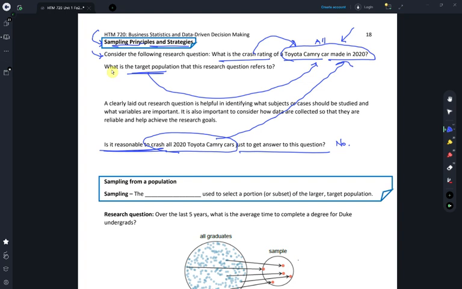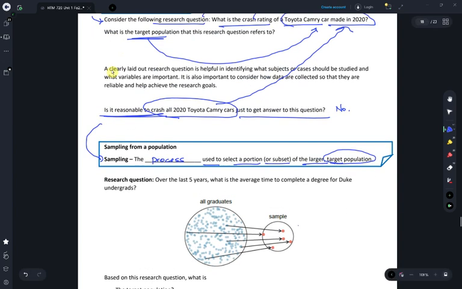So you see, in most processes, to answer research questions about a given population, when it is impossible to collect data from all units of that population, we'll need to take a select group that will represent that population of interest. This is a process called sampling. In other words, sampling is the process used to select a portion or subset of the larger target population of interest.